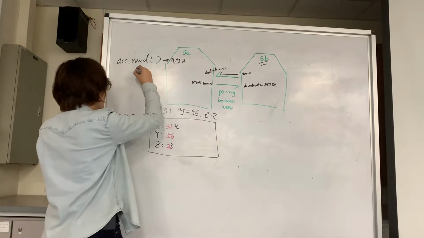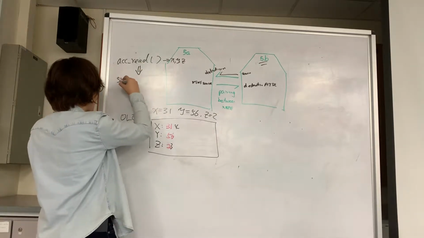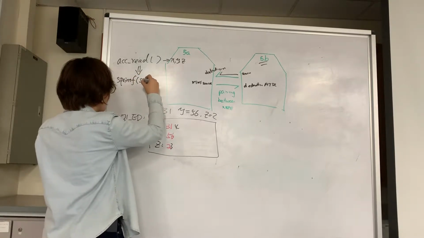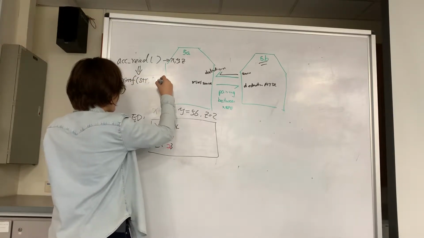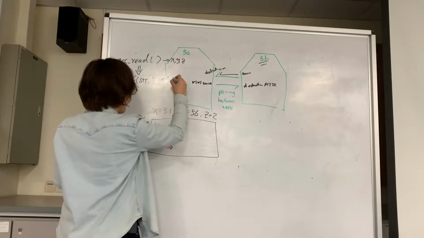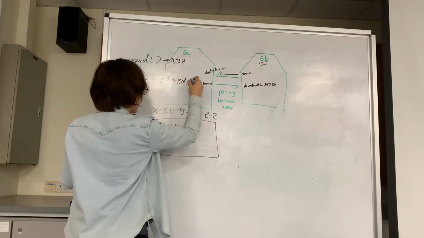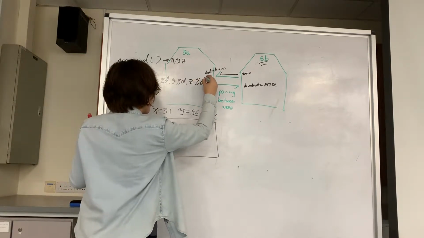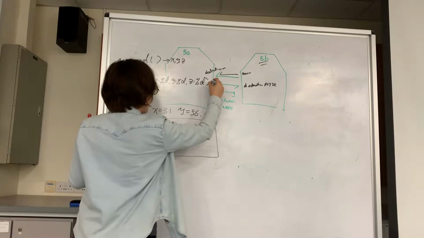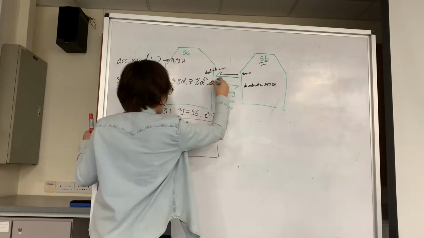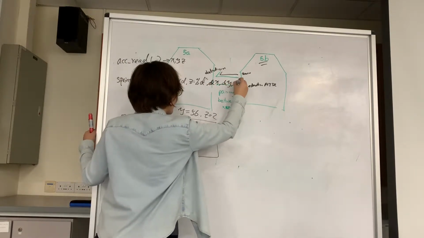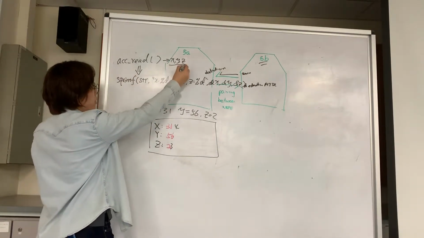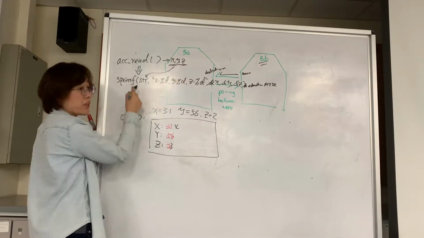And then you use sprintf, let's say a string, with X percentage D, Y percentage D, Z percentage D, and then your X, Y, Z value. So you use this to load your numbers into the string.